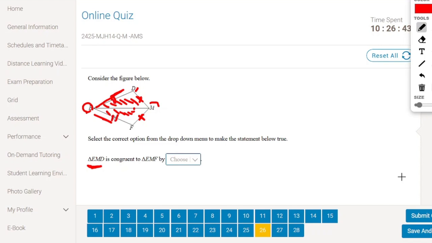And EM in both triangles is equal, because it is EM in this triangle and EM in this triangle.